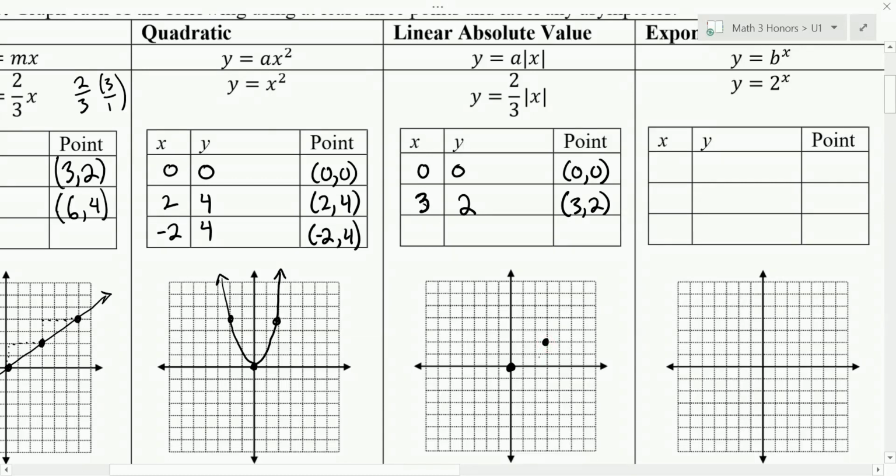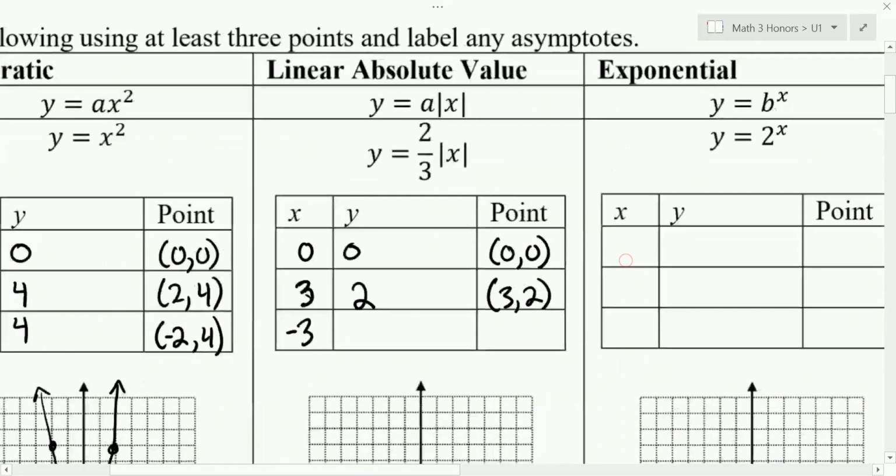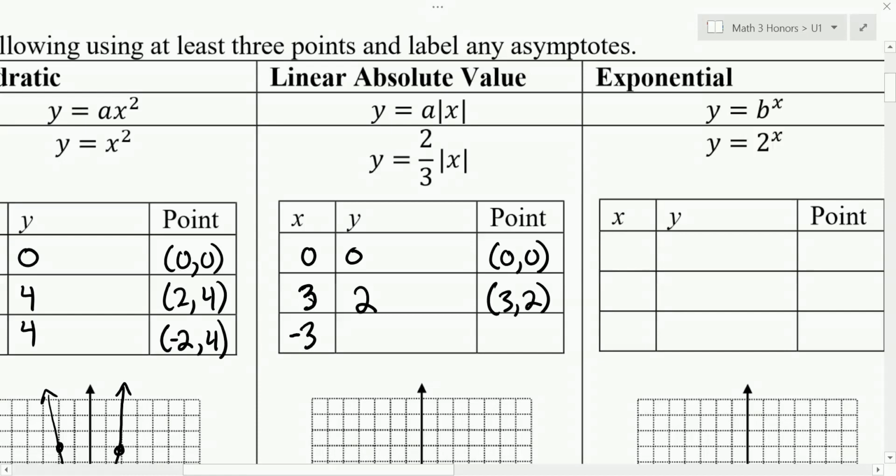Okay. And I want to bring out the V shape. So I want to pick another value for x that brings out the V shape and that avoids the fractions, right? So what might work? -3. And when you do that, absolute value makes what you plug in there positive.